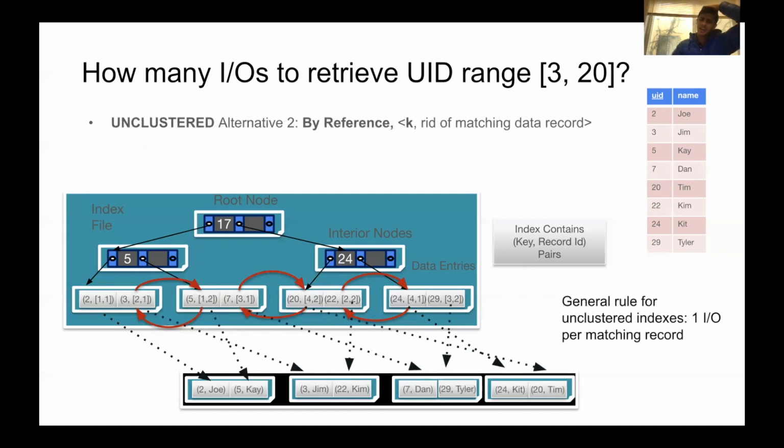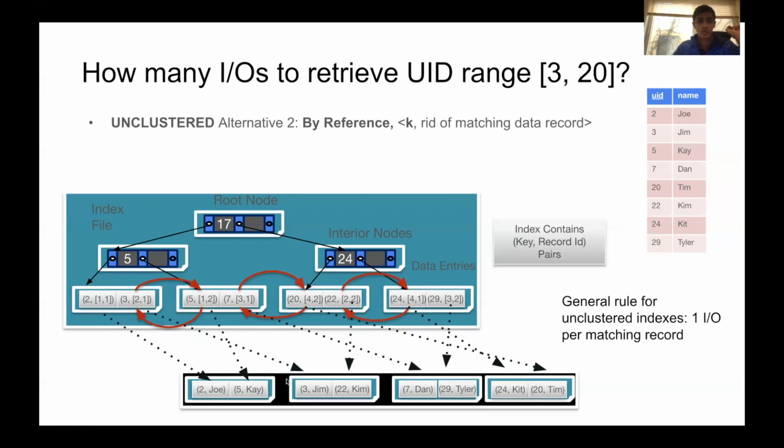Okay, now what if we complicated this a little bit? What if we had unclustered alternative 2? It turns out this gets a little bit more annoying. I'll still read in the same number of index pages, which is 5: 3 leaf nodes and 2 inner nodes. But now each of the records associated with these keys is actually lying on a different page.